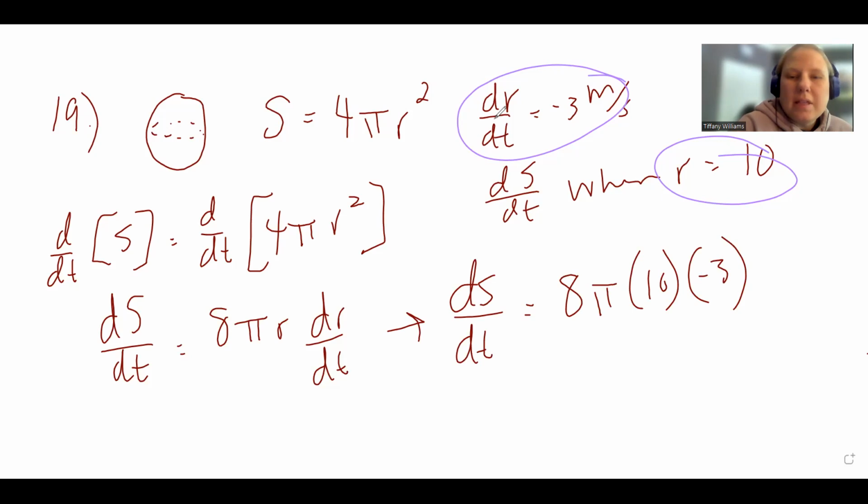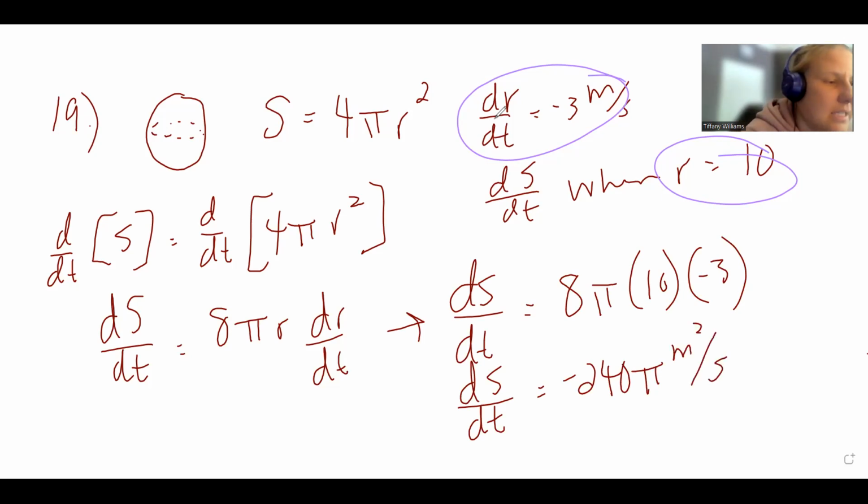So when we multiply this out, we get ds/dt equals 8 times 10 times -3, which is -240 pi meters squared per second, because the unit for surface area is meters squared.